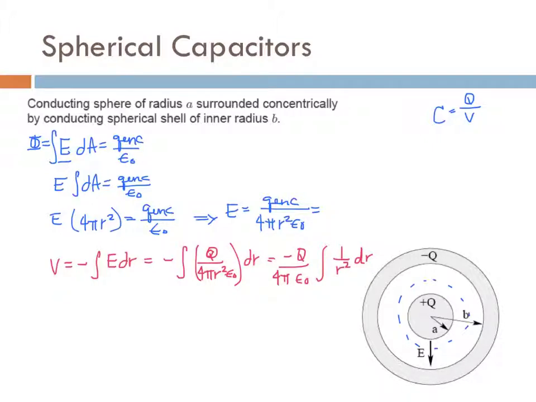Again, the integral of 1 over r squared is negative 1 over r, so my negatives here are going to cancel out. I'm going to start with my radius a and go all the way until my radius r. So that becomes Q over 4 pi epsilon naught times 1 over r minus 1 over a.